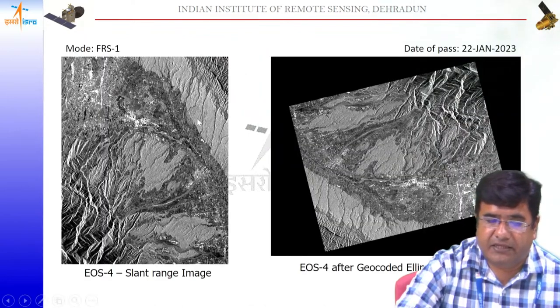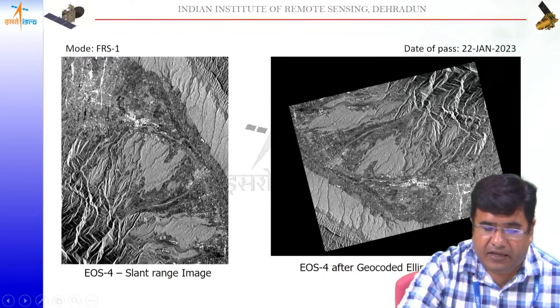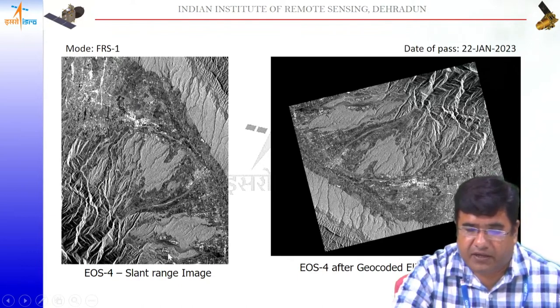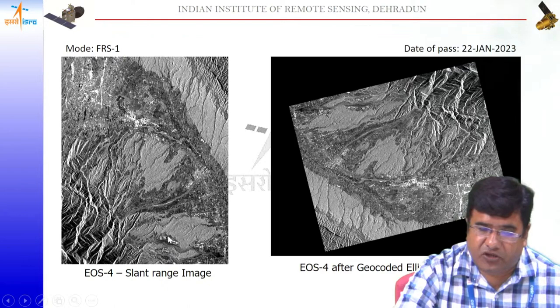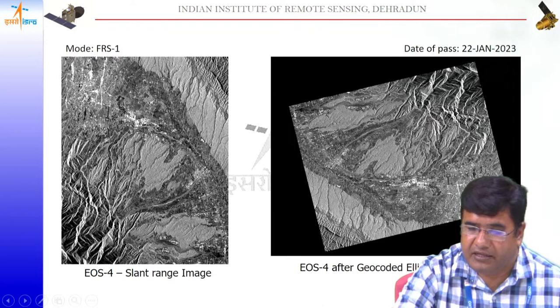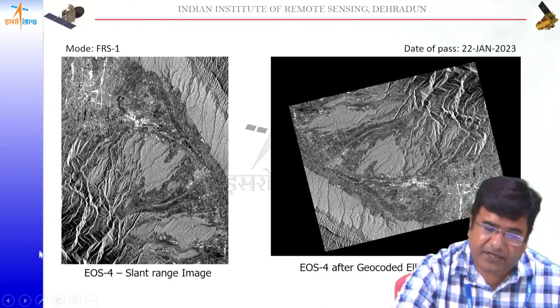So you can see this image, this is the EOS-4 slant range image of Dehradun area. In this image you can see the geometry is somewhat inverted. This portion is coming first, actually this is the actual image, and in the slant range geometry, while acquisition, it is acquired here.